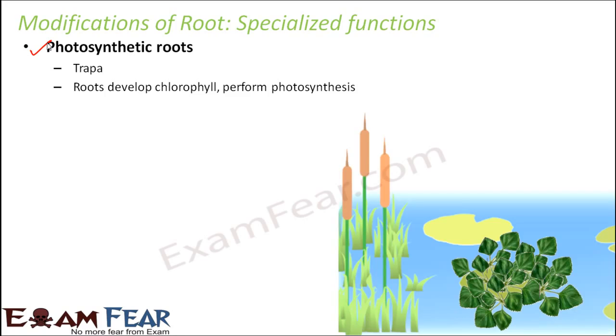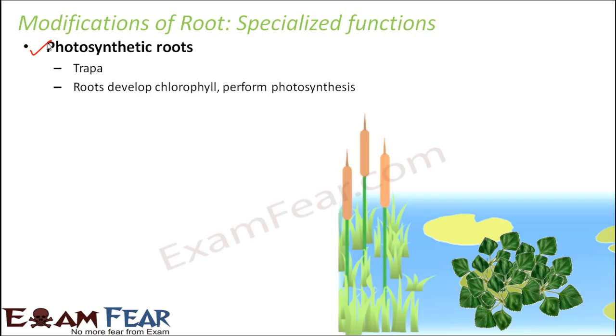Let us look at an example. Trapa is an example of such plants. Do you know what is trapa? If I say in Hindi, we generally call it as pani phal or singhara in India. We use these names for trapa. So in this kind of a plant, it is an aquatic plant.